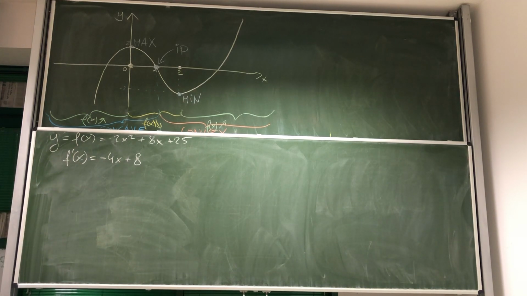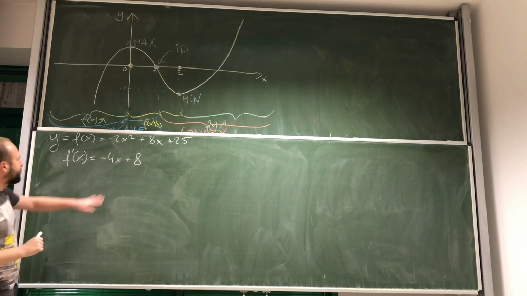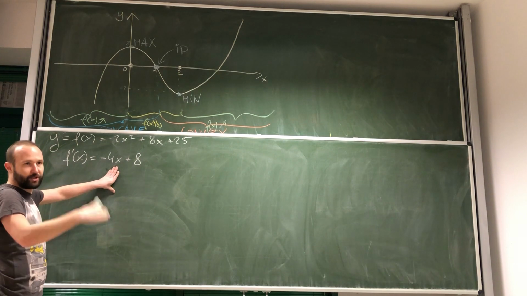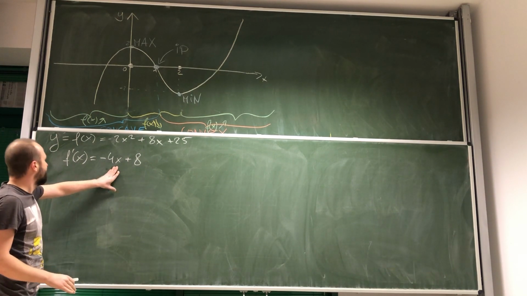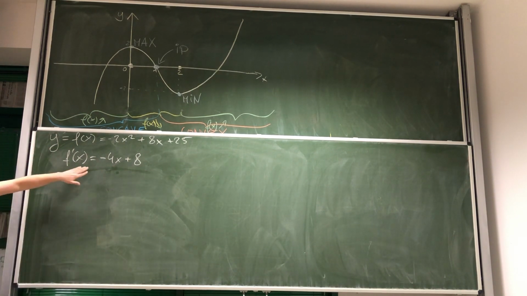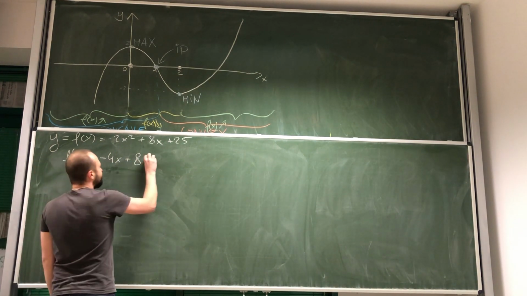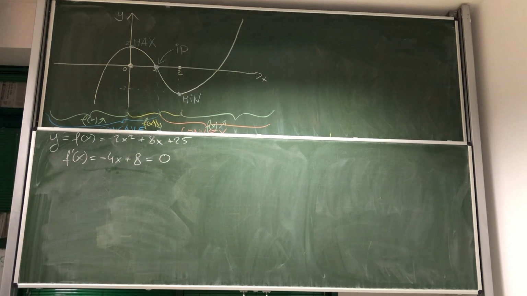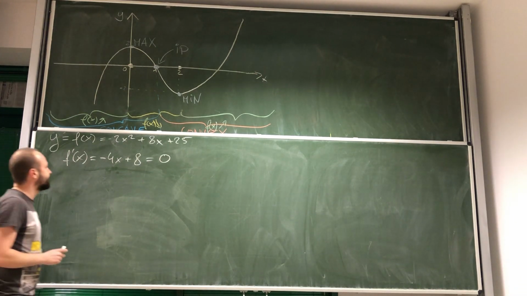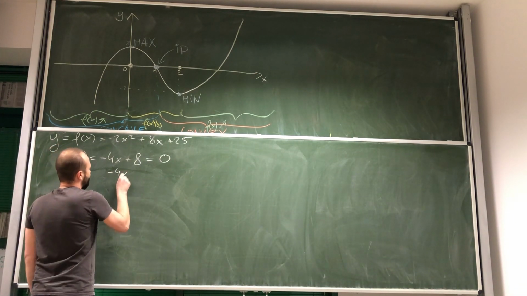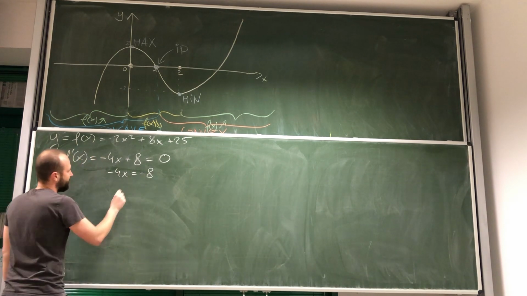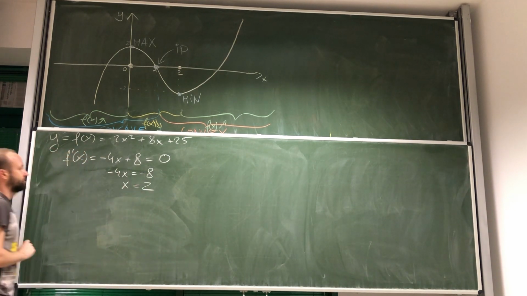Again, we are interested in at which point this function is going to be cutting through the x-axis. And now look, we see that this is a negatively sloped linear function. All we need to do now is to find where it is equal to 0. So we get that this is negative 4x equals negative 8, or x is equal to 2.